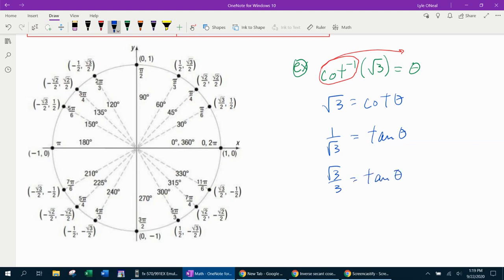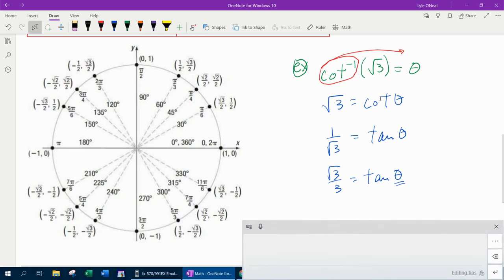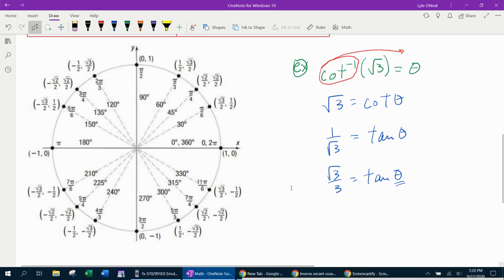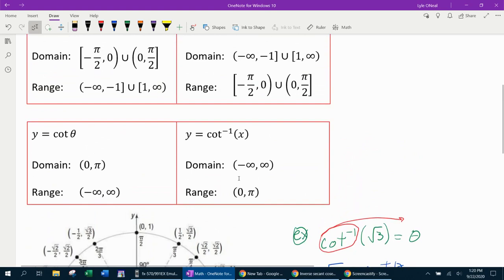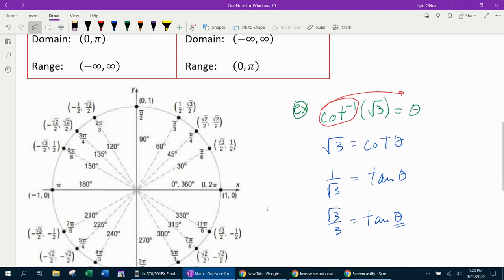Okay, so now what I'm looking for, in the unit circle, is what angle theta within the appropriate range of values. And remember that the inverse cotangent is restricted to angles from 0 to pi. So we are restricted to angles from 0 to pi.